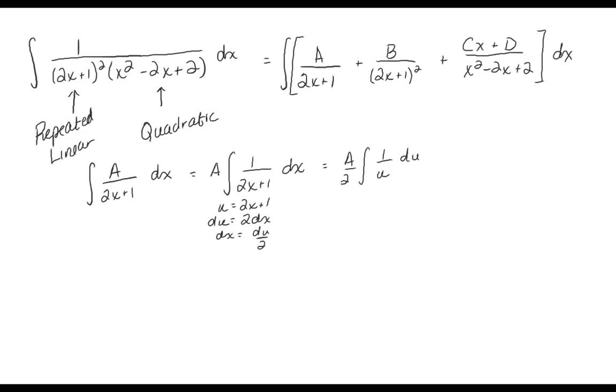I'm going to pull my 1 over 2 out front. So that one looks like a over 2 times the ln of u plus a constant, or a over 2 ln of 2x plus 1. And then we'll have plus the constant at the end.